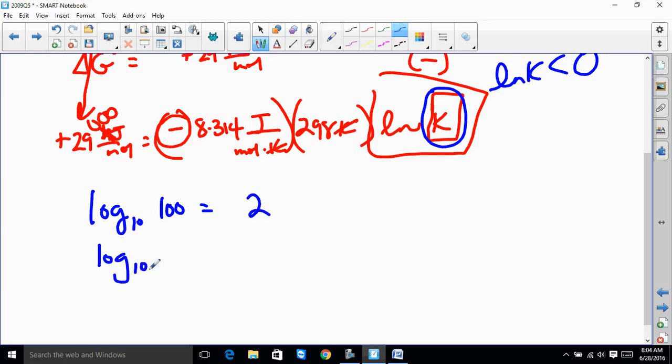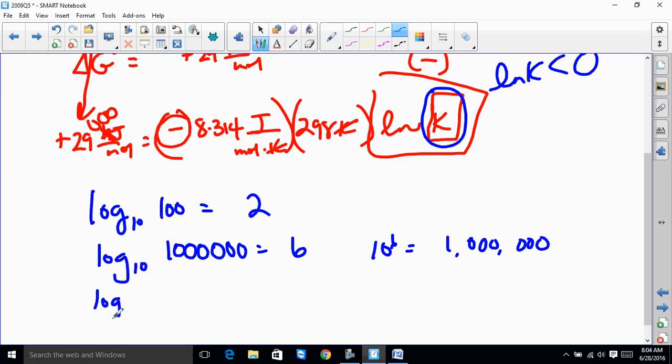And the log base 10 of 1,000,000 is 6. Why? Because 10 to the 6th is 1,000,000. But now an interesting thing happens: the log base 10 of 1 is 0. Why? Because 10 to the 0 is 1.